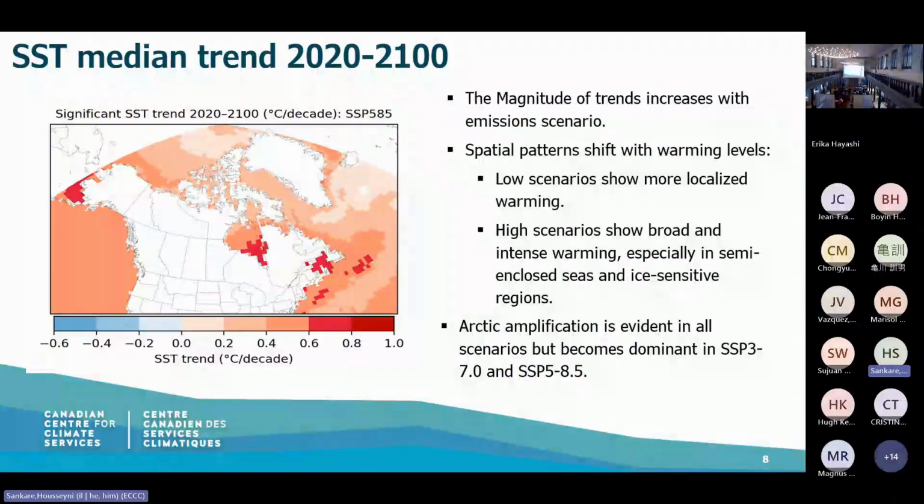And then after that, I did some analysis of the future, comparing the tendencies.